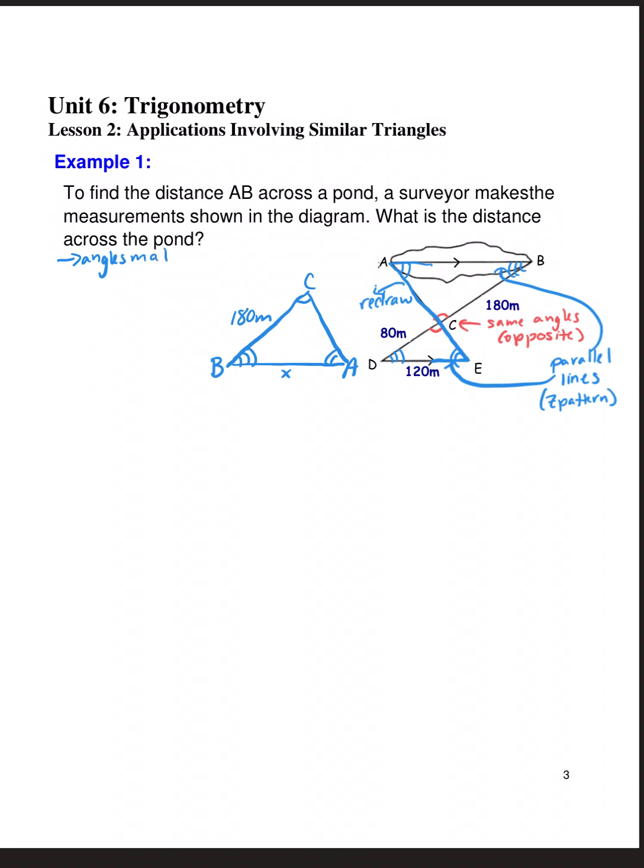So if we write the similar triangle statement, we'd say therefore triangle ABC is similar to triangle EDC, because those are the angles that are the same. Let x represent the distance across the pond.